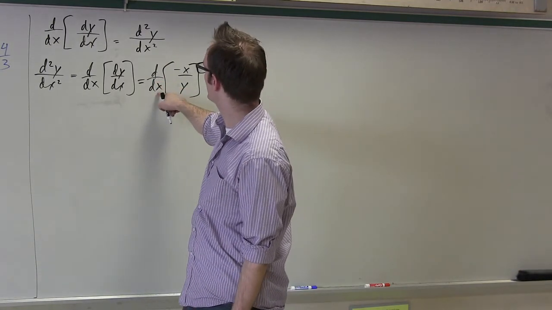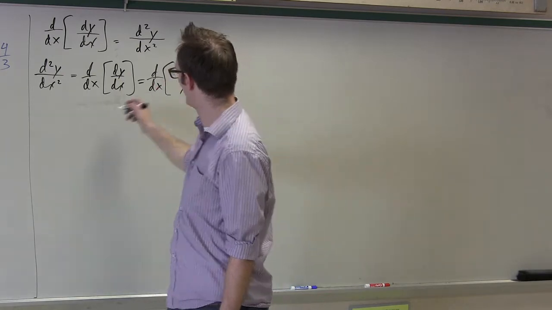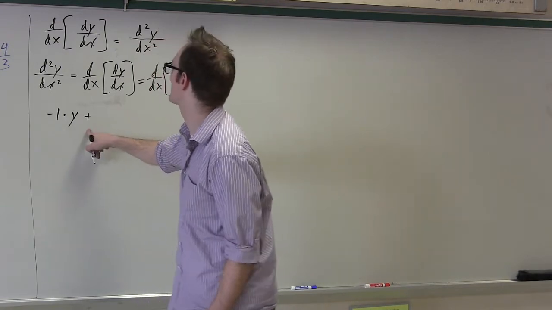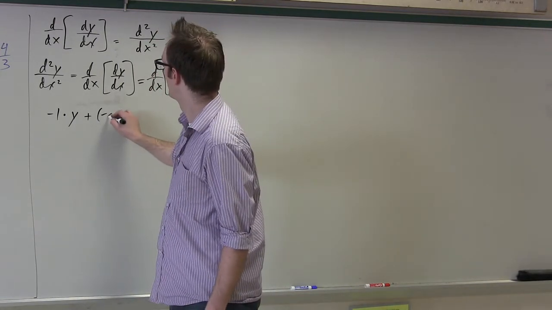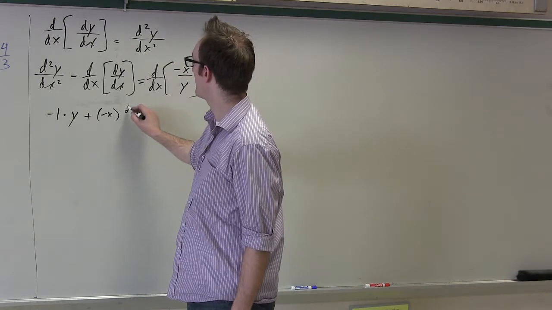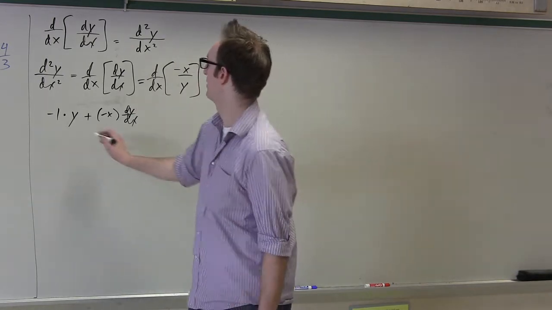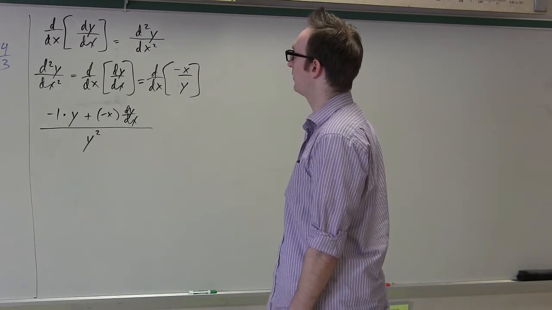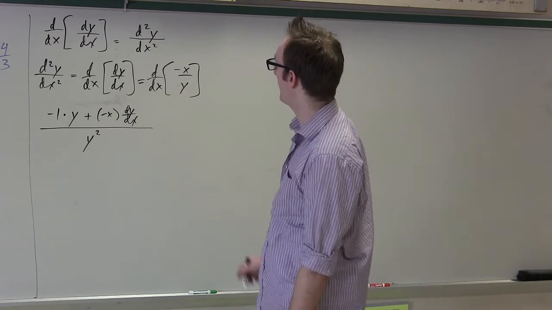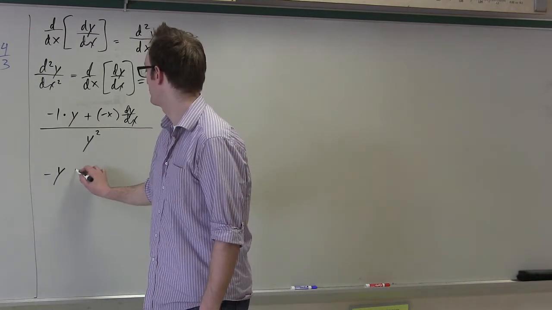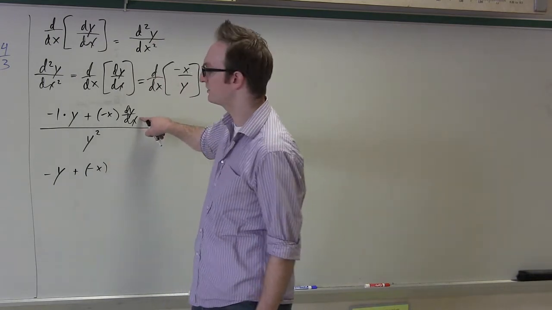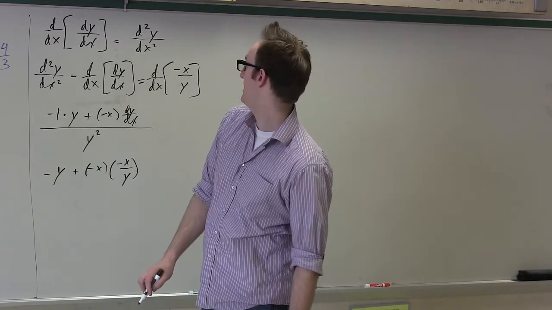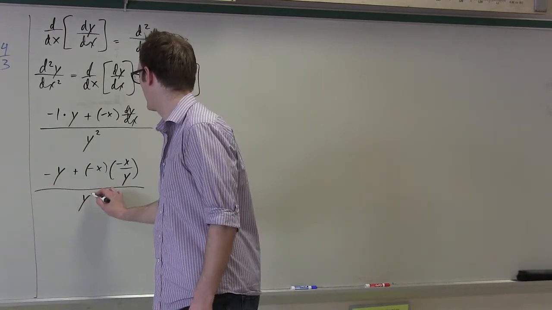So this is going to be the derivative of the top, which is negative 1, times the bottom, plus the top times the derivative of the bottom, and that would be dy dx, all over the bottom squared. Okay, so what do we got here? Well, this is negative y plus negative x times dy dx, which I previously calculated as negative x over y. So all of this over y squared.